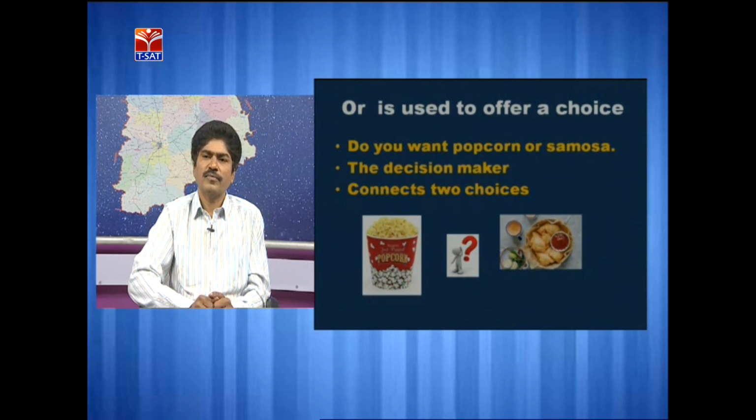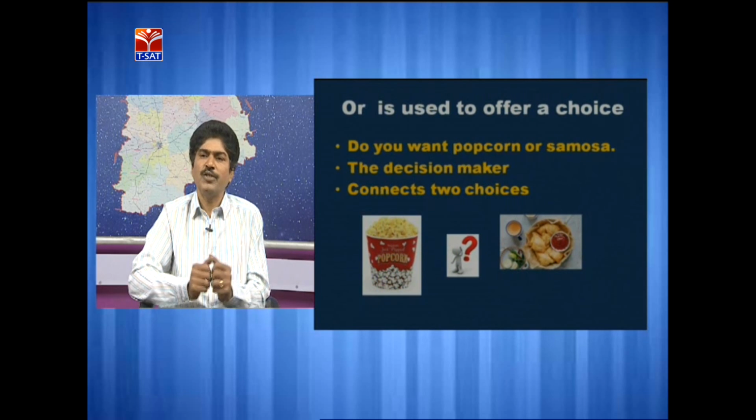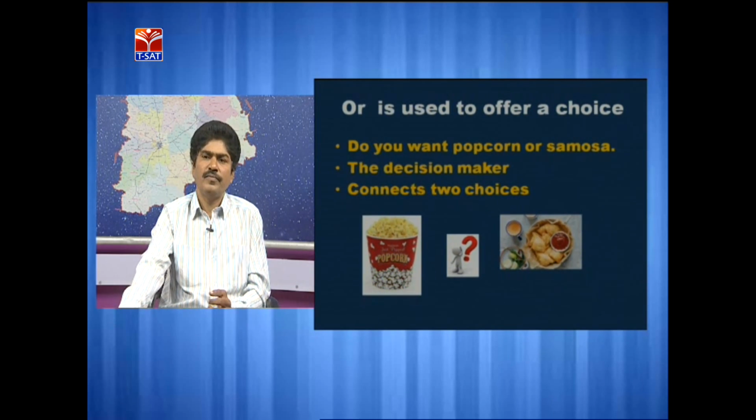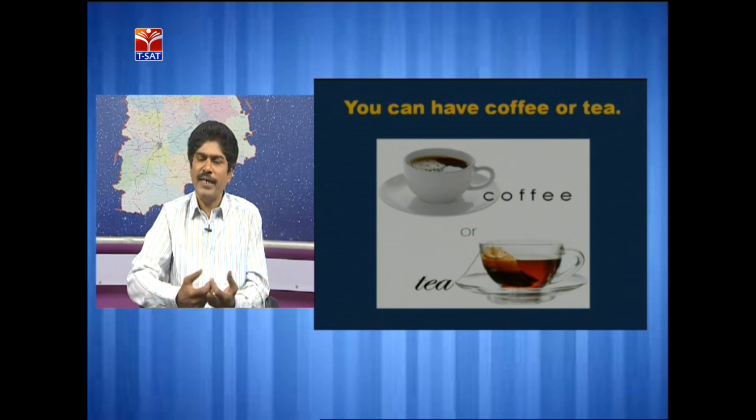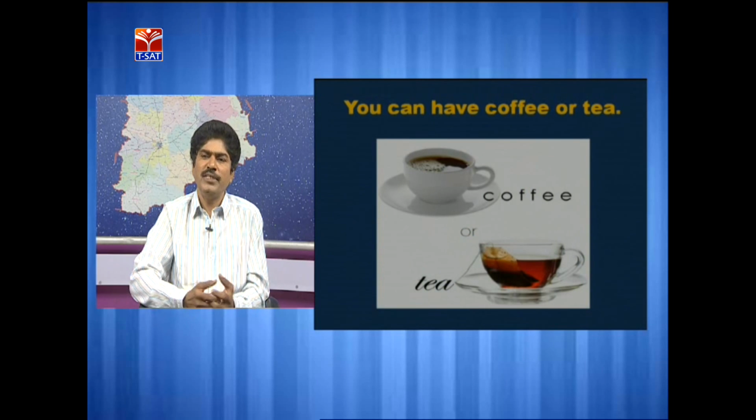Observe this. Do you want popcorn or samosa? We are providing choice. It is also known as the decision maker. It connects two choices. Do you want tea or coffee? You can have coffee or tea. We provide a choice here by using or.